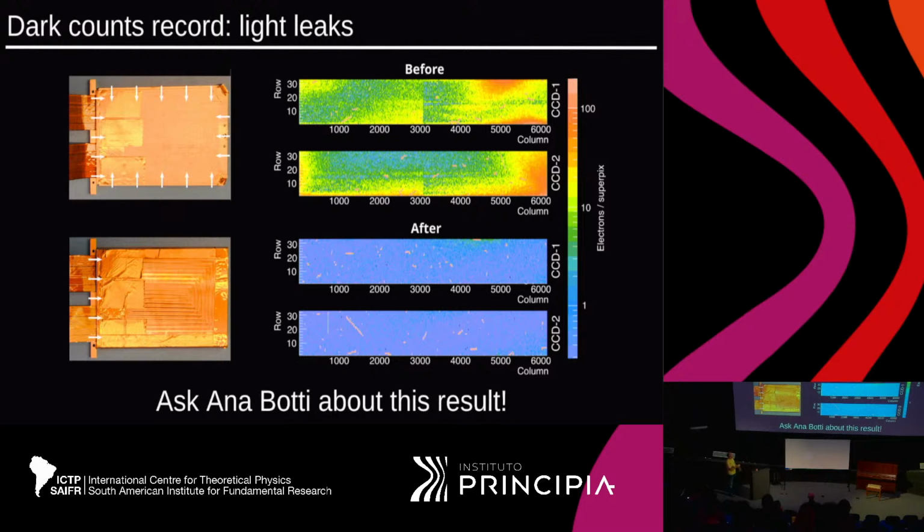Then we improved on that by really closing all these gaps, okay? And it went from this to this. These are completely comparable in exposure time, okay? So by doing just this tiny change, we extended the science reach of our experiment by a lot.